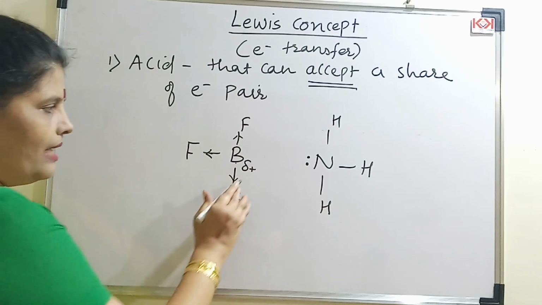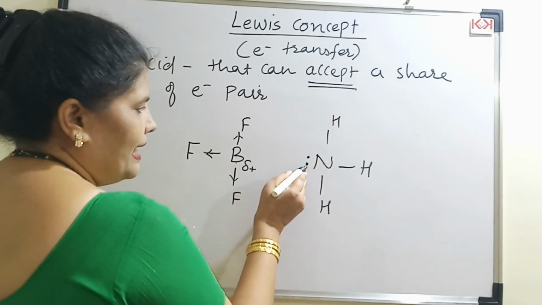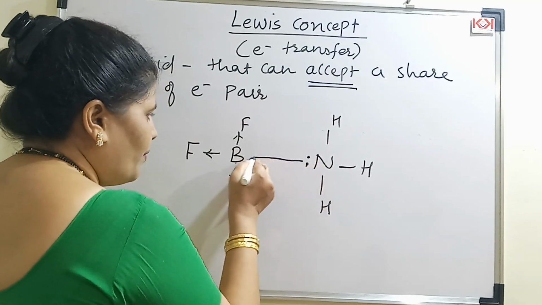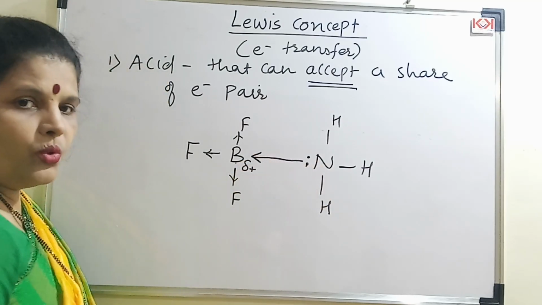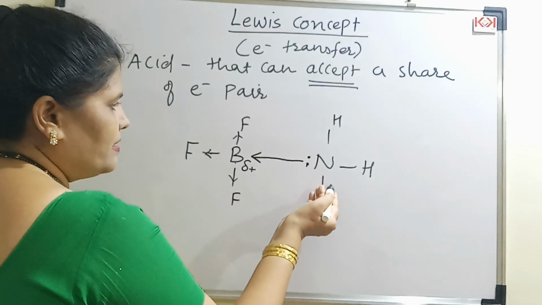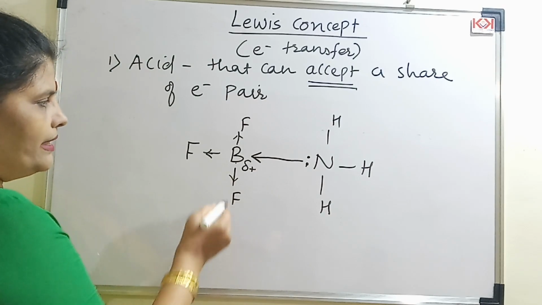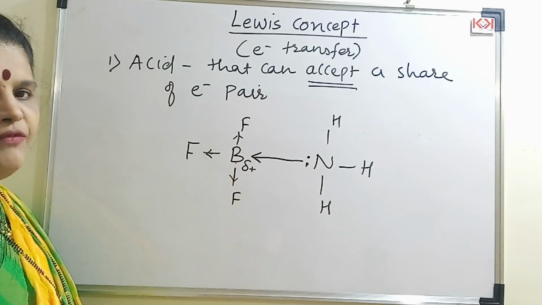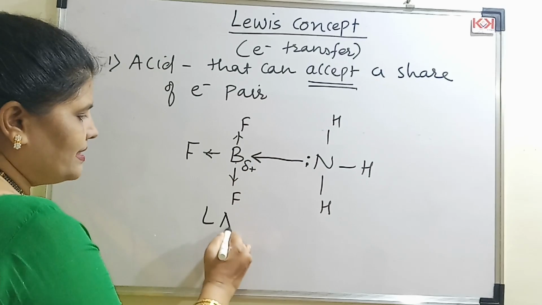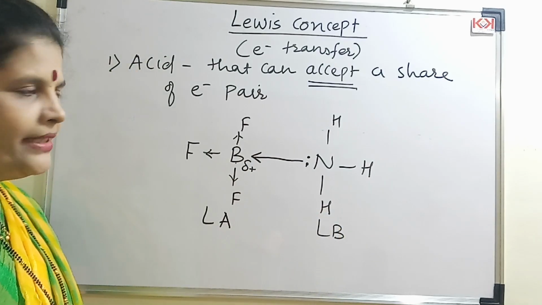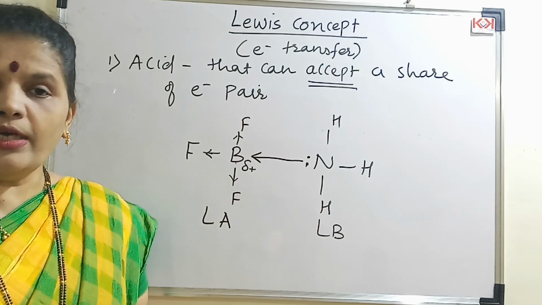So it will have a delta positive charge. This is an electron-rich species, so the direction of the bond will be like this. So who is donating the shared pair is nitrogen from ammonia, and to whom it is donating, that is the boron of boron trifluoride. So this is a Lewis acid and this is a Lewis base. Both are bonded to each other by means of a coordinate or a dative bond.